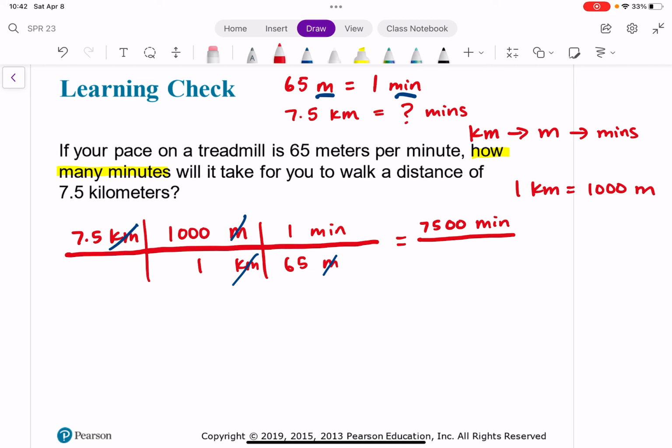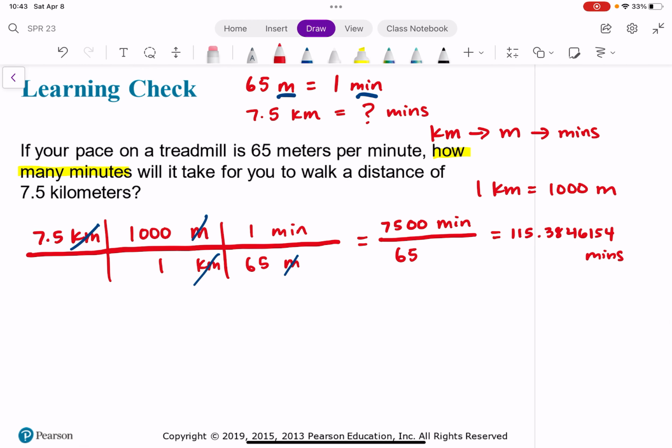And then we still have stuff in the bottom. So 1 times 65 is just 65. Okay, so 7,500 divided by 65 is 115.3846154 minutes.